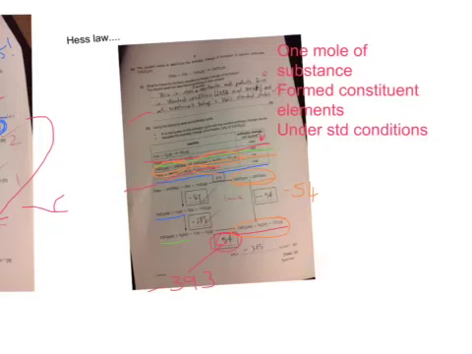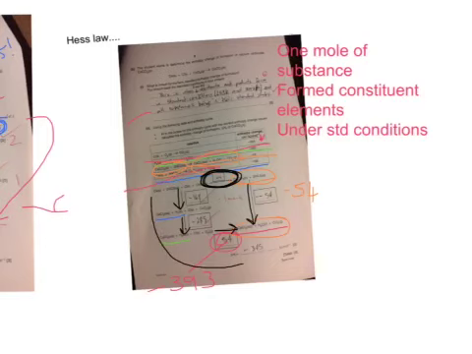Now what you need to do is add the arrows in the right way. I'm going to use black this time. So what we want to find is this arrow here by using this arrow, this arrow, this arrow and this arrow.